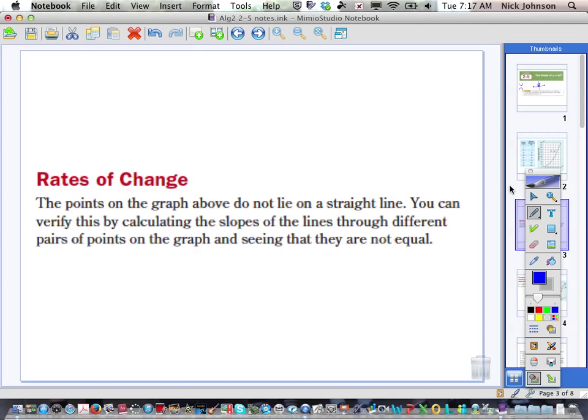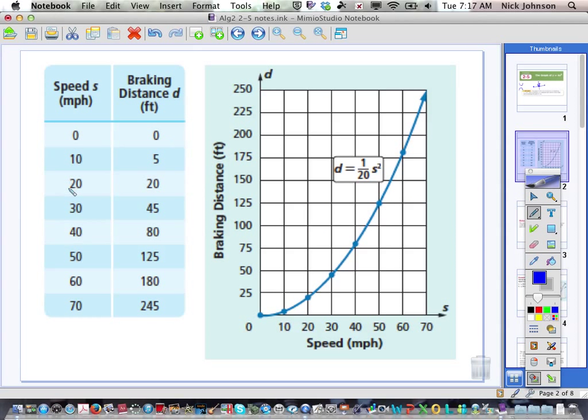Rates of change. The points on the graph above do not lie on a straight line. You can verify this by calculating the slopes of the lines through different pairs of points on the graph and seeing that they are not equal. So what they are saying is we could go back here and check our slope. If you go from (0, 0) to (10, 5), well, 5 minus 0 is 5, and 10 minus 0 is 10, so that's 1/2.